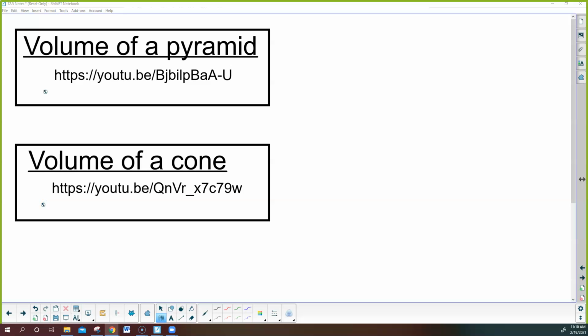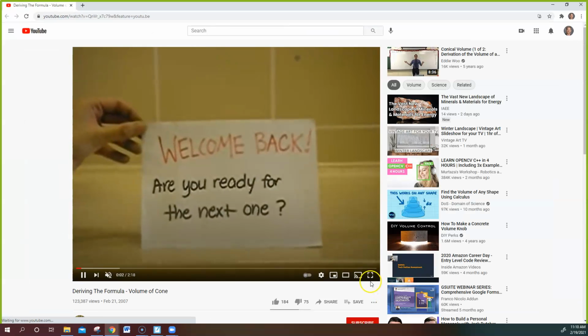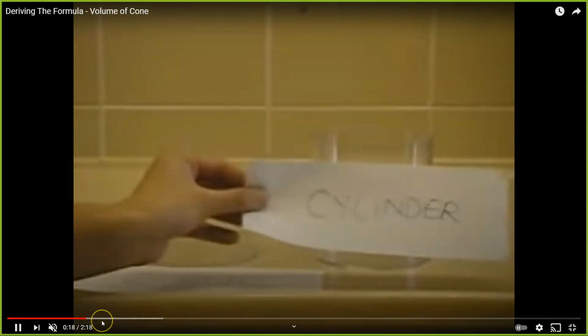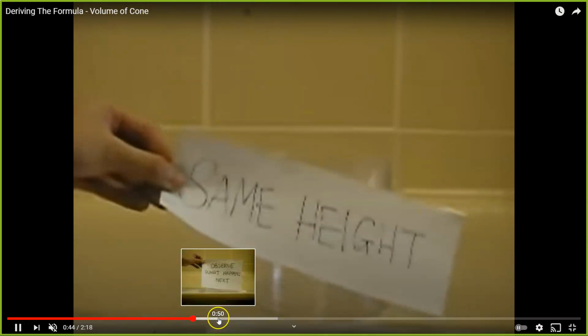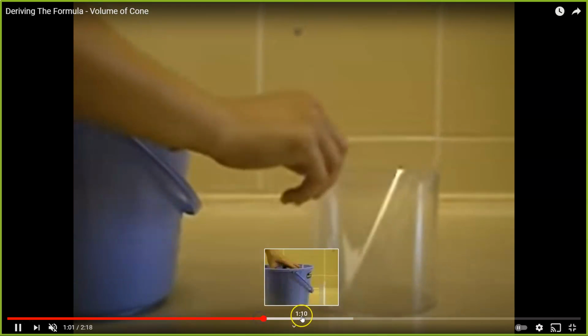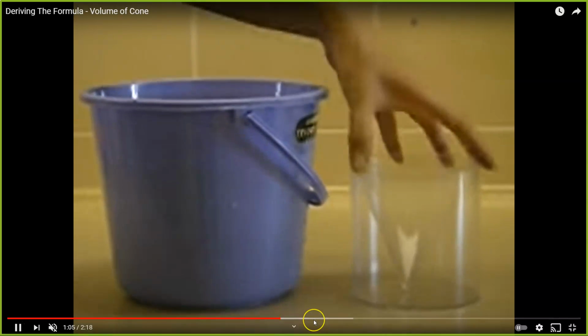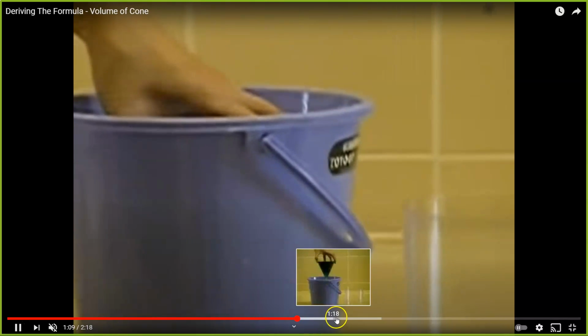So what about a cone? Let's just do a quick visual. We're going to make this one go a little faster. So there's my cone, there's my cylinder, same base, same height. How many cones will it take to fill up a cylinder?